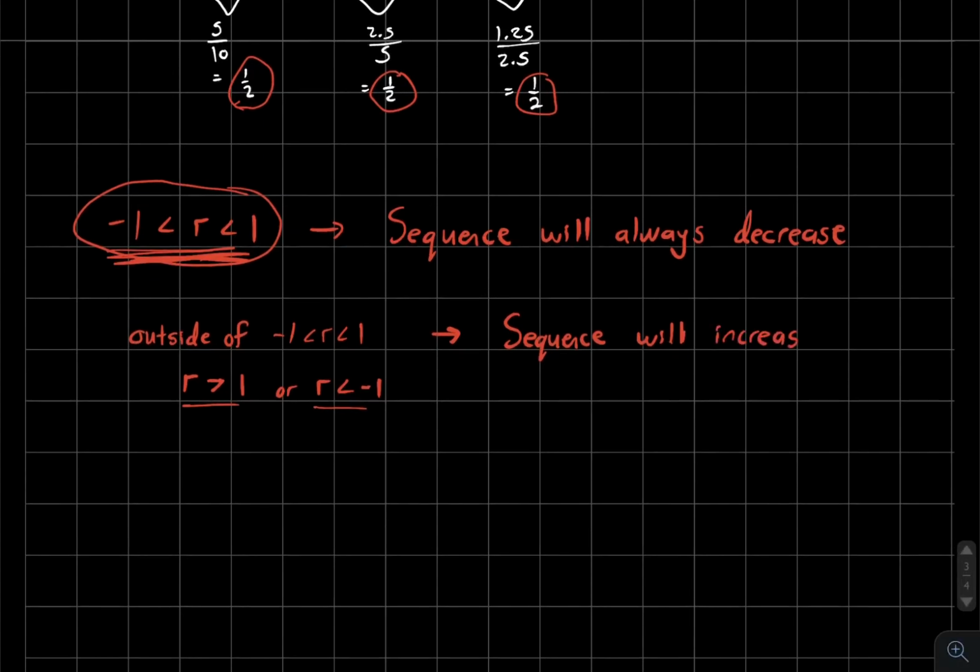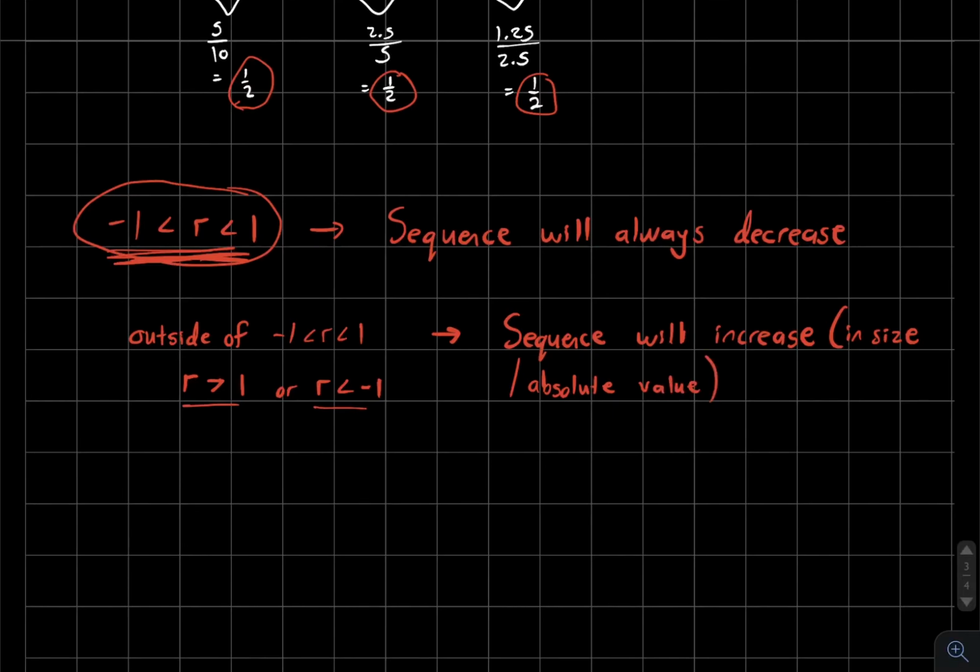And we have to be very careful here, because when we say increase, remember that there are negative numbers involved. So we have to be a bit specific. We'll say that they increase in size, or we call it absolute value.